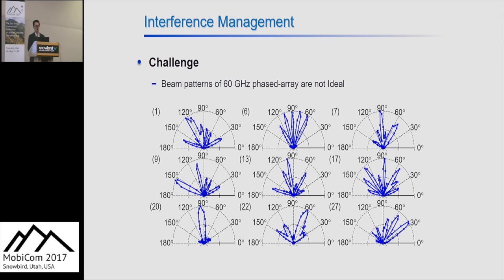The codebook is not specifically optimized for the 60 GHz laptop, and the beam patterns can be affected by the nearby electronic components when the phased array is installed inside the mobile device. So the irregular beam patterns here will cause unexpected interference across different links.